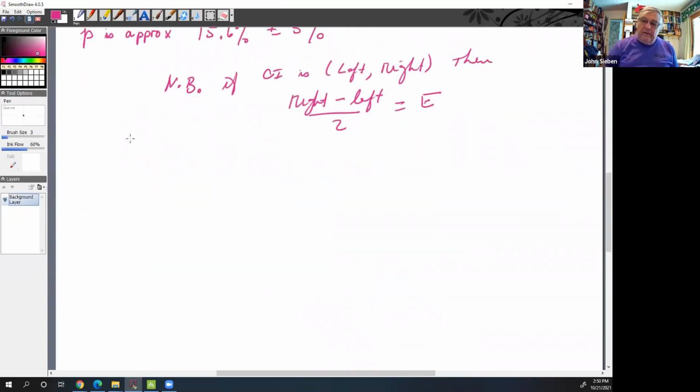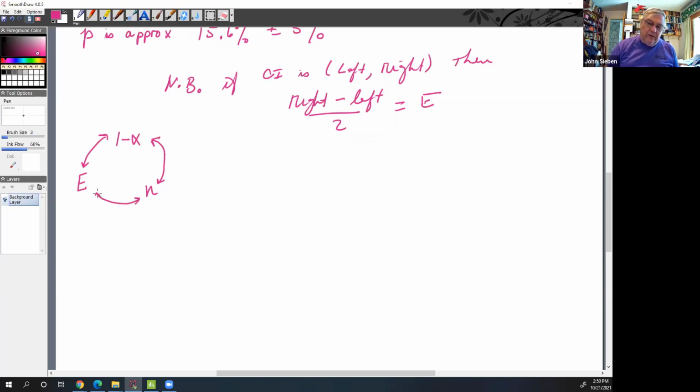Now, again, as review, we've got 3 components here. We've got 1 minus alpha, which is the confidence. We've got the margin of error, which we call E, and we've got the sample size, which we call N. But these are not in isolation. They depend upon and play off of each other.